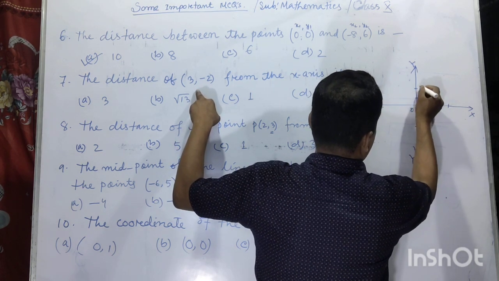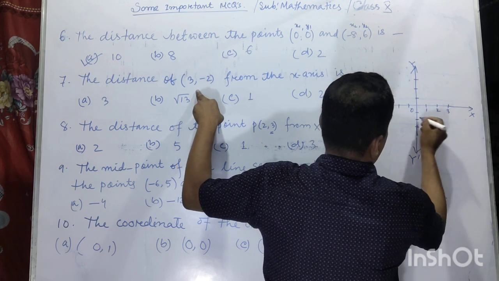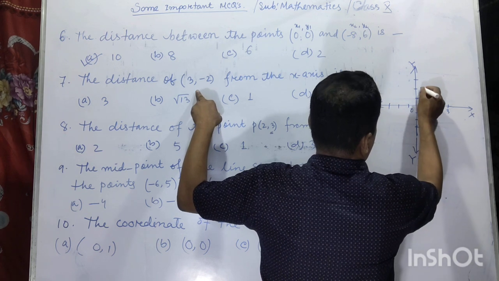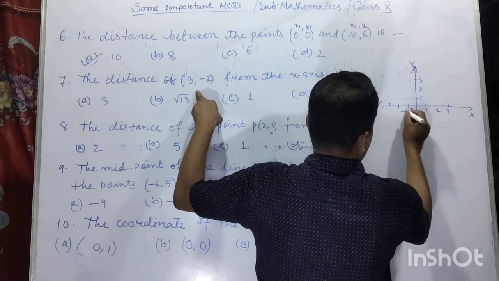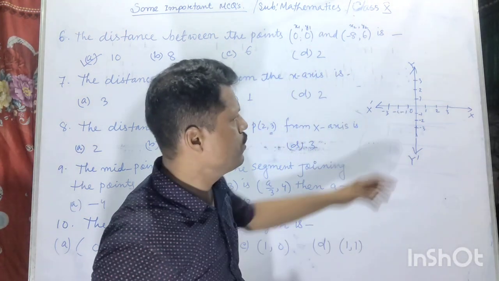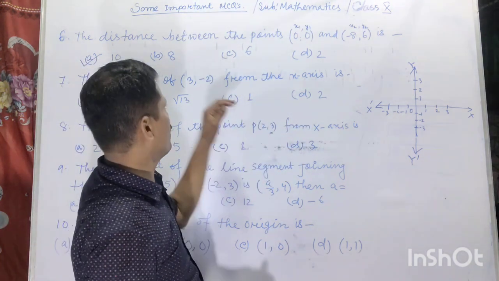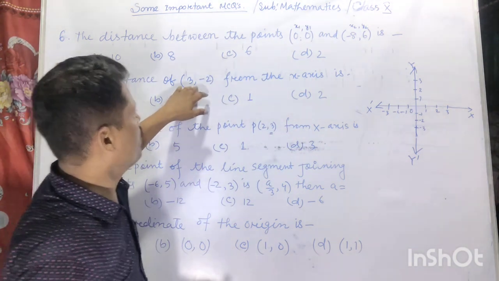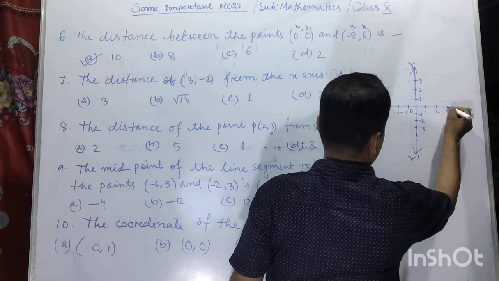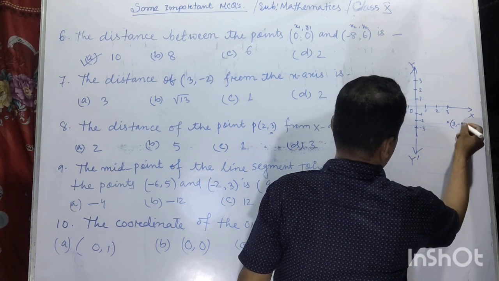These are all positive 1, 2, 3 and here negative minus 1, minus 2, minus 3. So if we put this point 3 comma minus 2 on the graph, the x coordinate is 3, then the y coordinate is minus 2, so it comes down here.